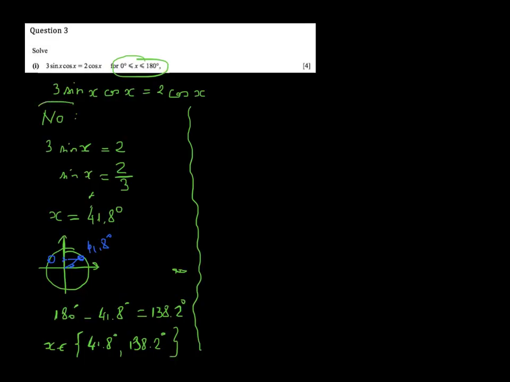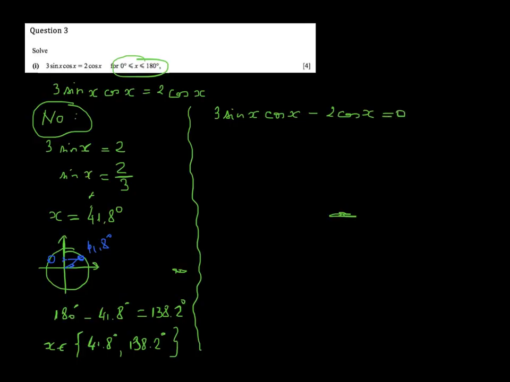Now, this is not totally right because you lost a solution. The way you should do it is, I can't divide by cos x because it can be 0. But what I can do, equivalent to what I've been doing now, is move the right hand side to the left, and I have 3 sin x cos x minus 2 cos x equals 0.